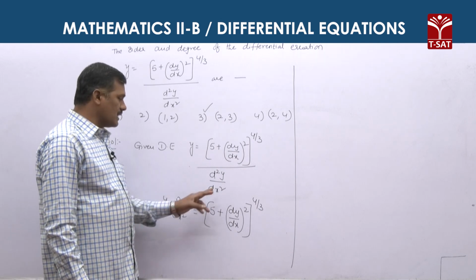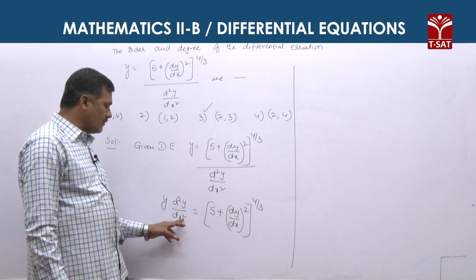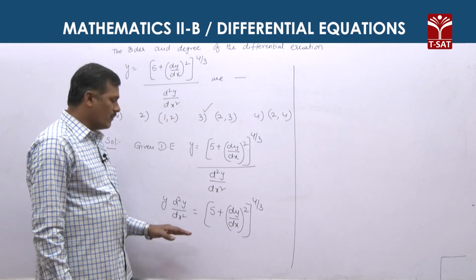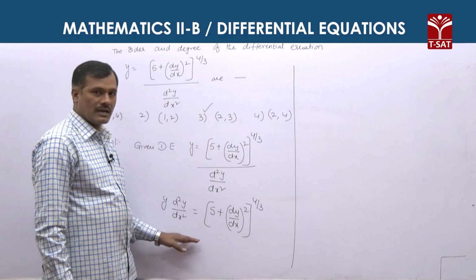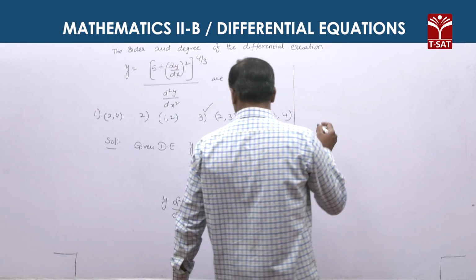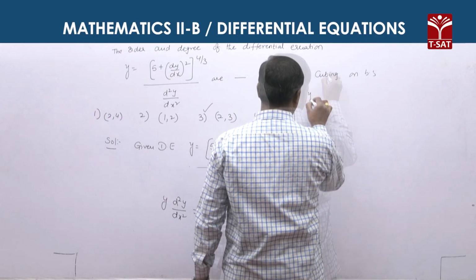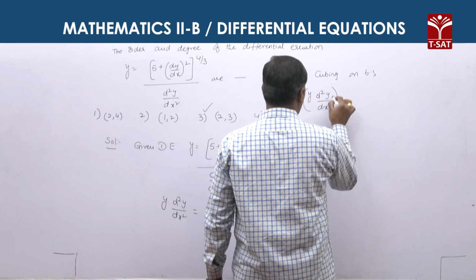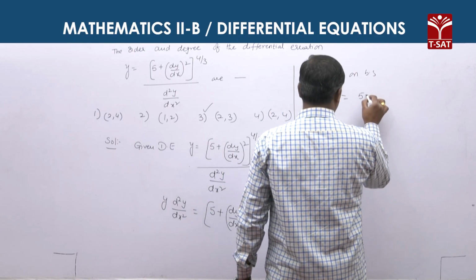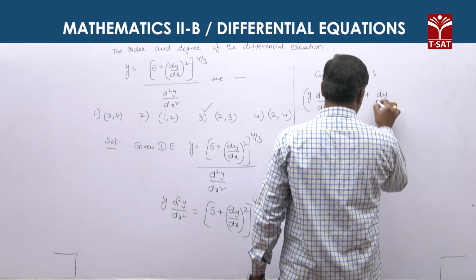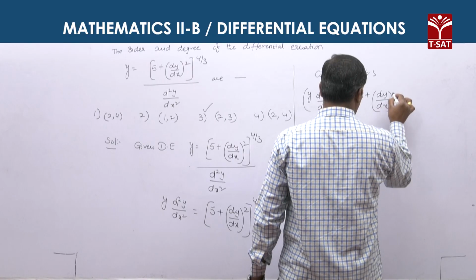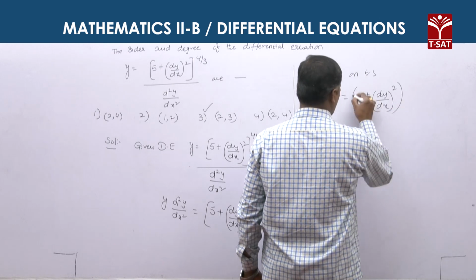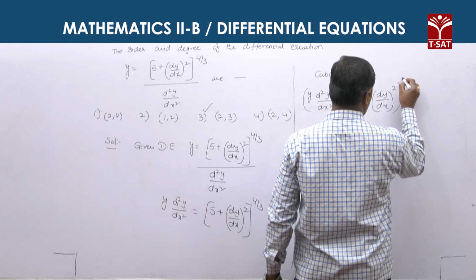If we raise to 3 by 4 on both sides, again we have a differential coefficient with a fractional value, but differential coefficients should not contain fractions. That's why cubing on both sides: y into d square y by dx square whole cube is equal to 5 plus dy by dx whole square, whole power 4 by 3 into 3.